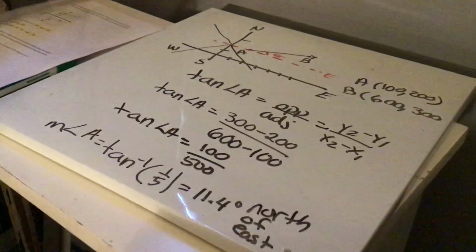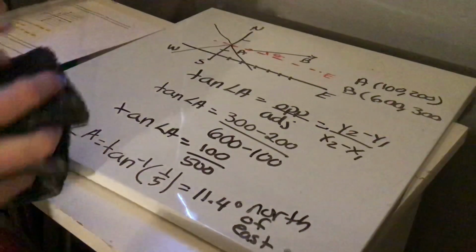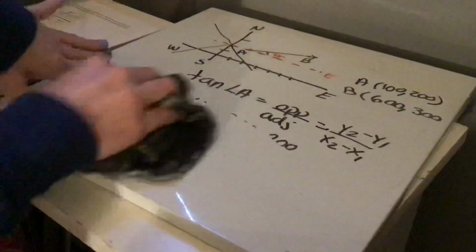All right, so that is magnitude and direction of a vector. With vectors, we are able to say that two vectors have the same magnitude and the same direction.